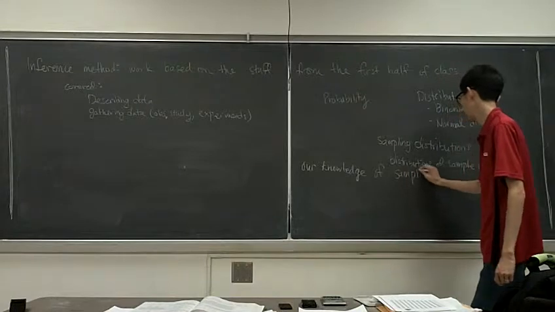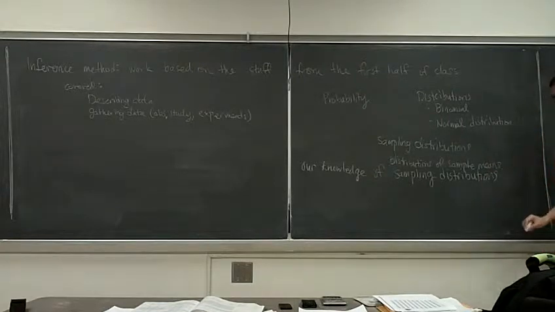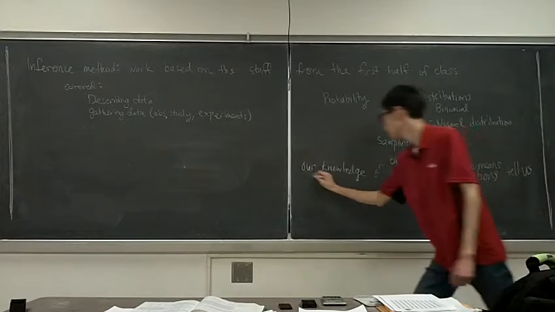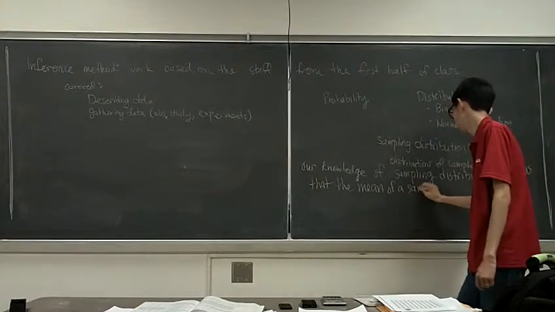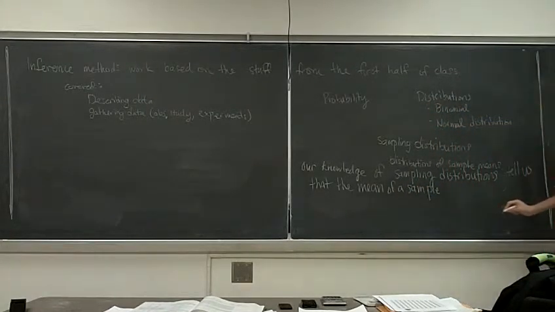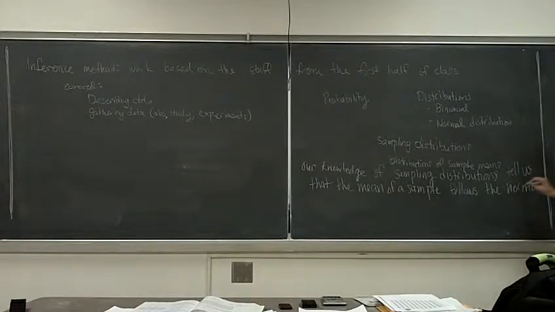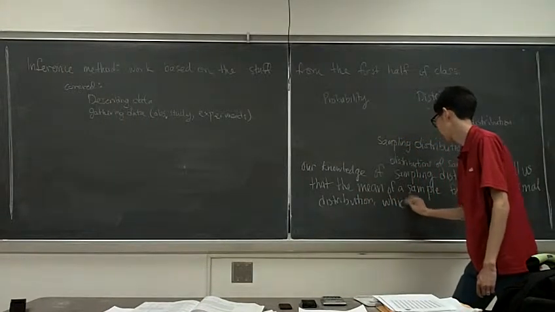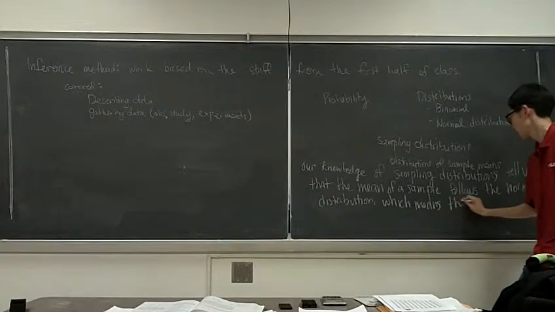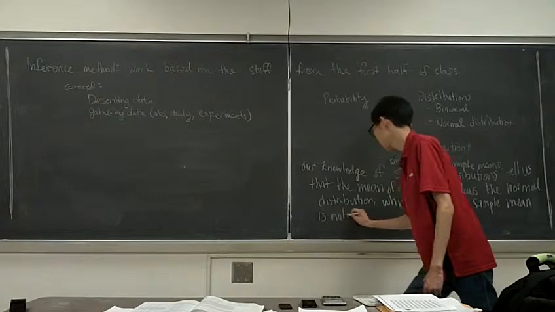Sampling distributions tell us the mean of a sample, or at least of a large sample, follows the normal distribution, which means the sample mean is not too far from the population mean.